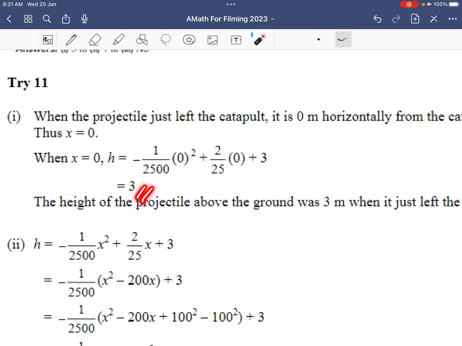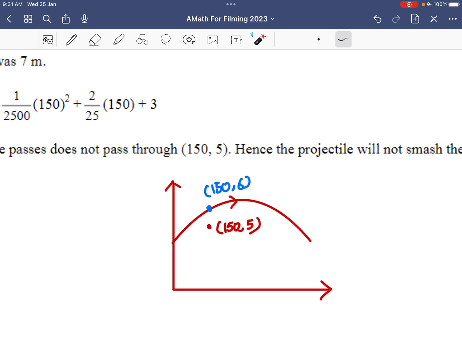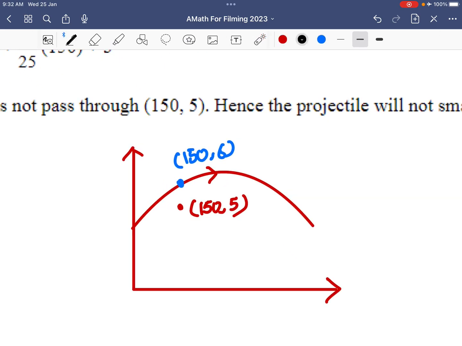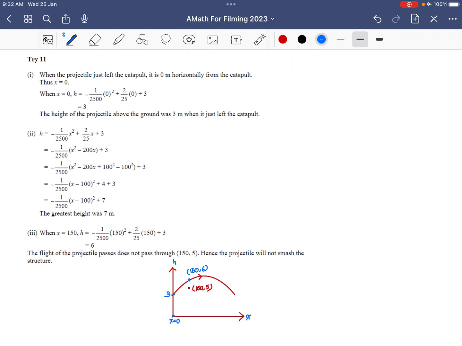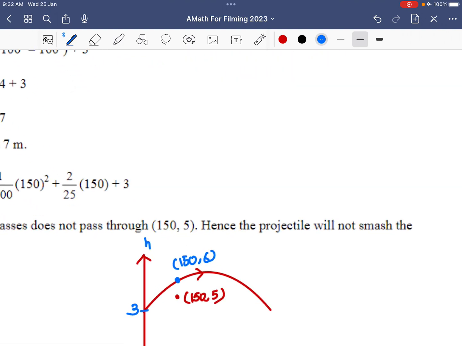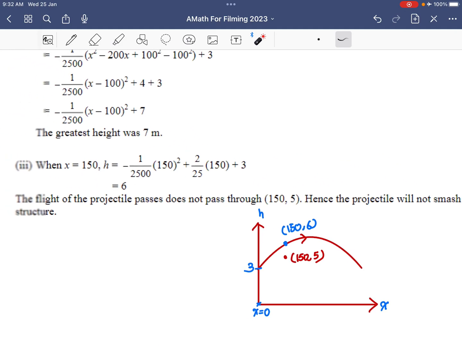When my x value equals 0, I find that my h is 3. So if I look at my diagram here, my h value equals 3 when my x value equals 0. It means that the projectile is 3 meters above the ground when it left the catapult. So the catapult actually is down here.